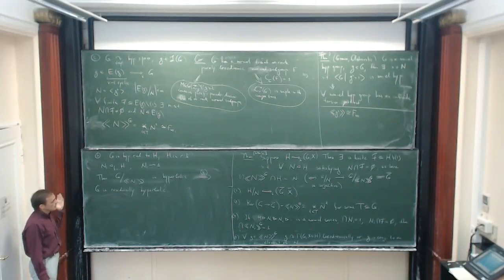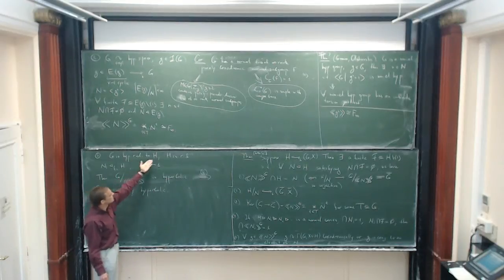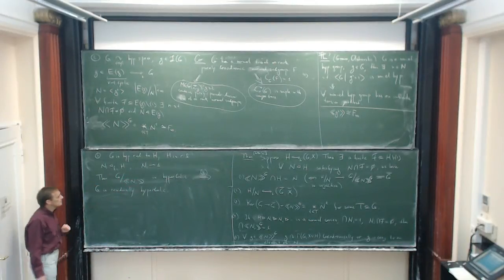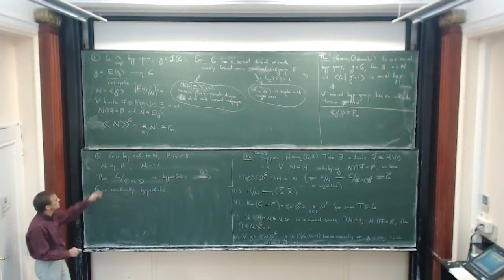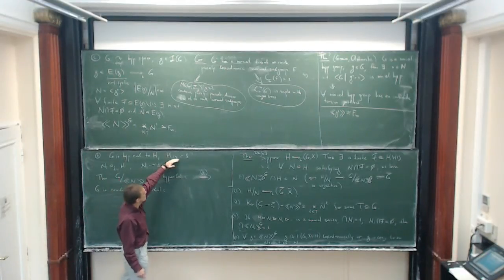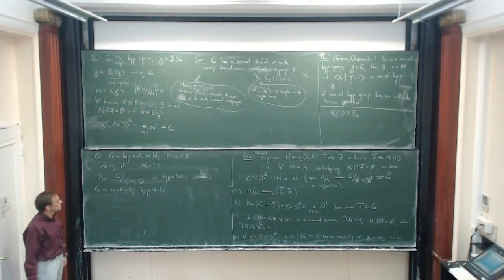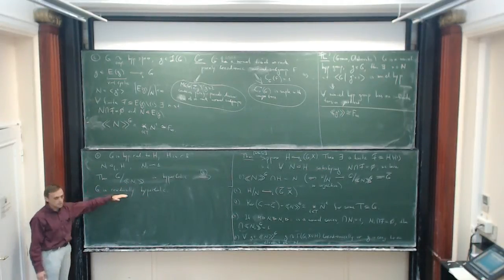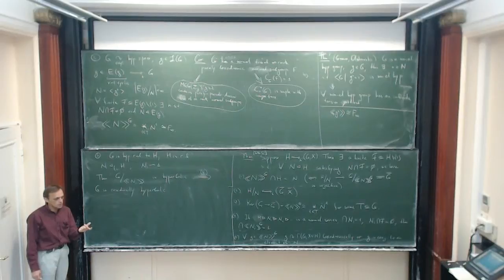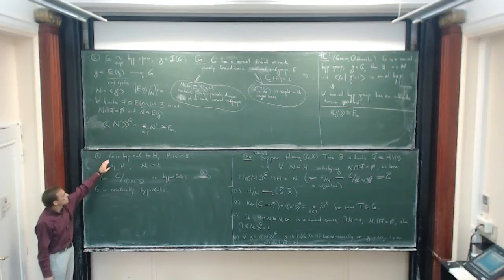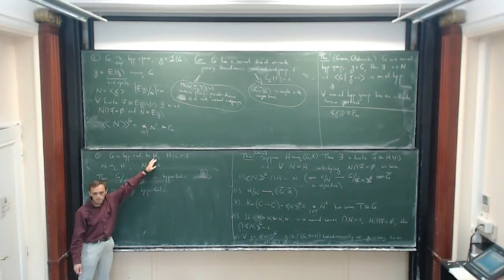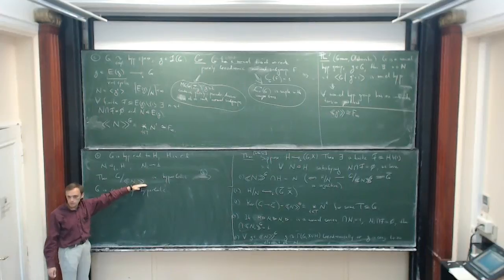For limit groups, peripheral subgroups are always free abelian. So in many natural examples of relatively hyperbolic groups, you have this condition that H is residually finite, and all these groups are residually hyperbolic, which means that if you want to prove some local property, which you can recognize by looking at some finite ball, for a relatively hyperbolic group like this, it's enough to prove this property for hyperbolic groups, because then you can somehow lift it.